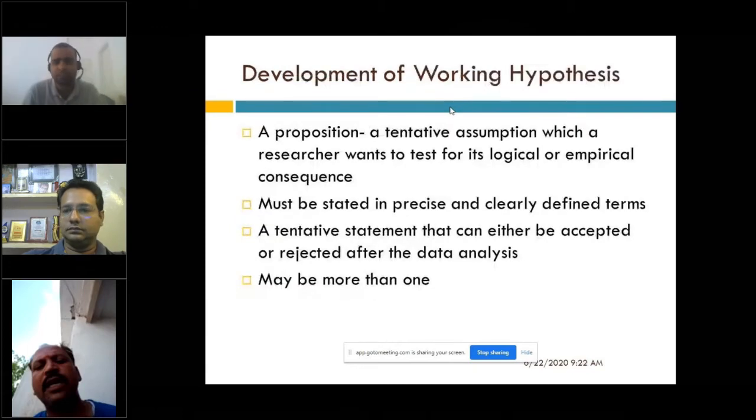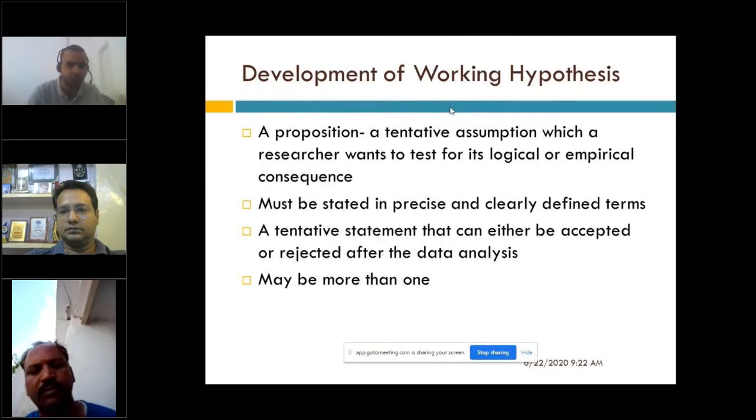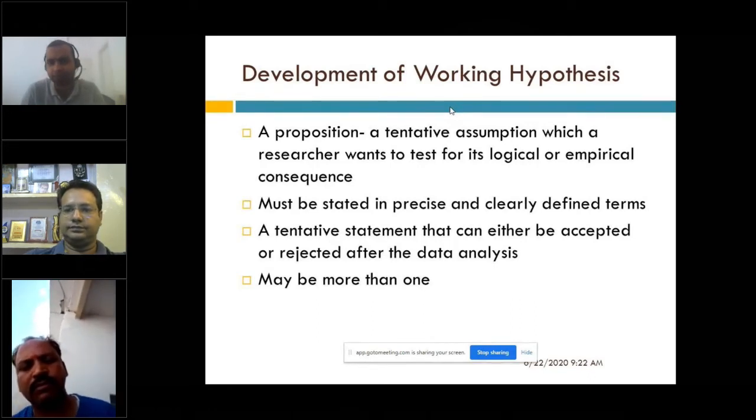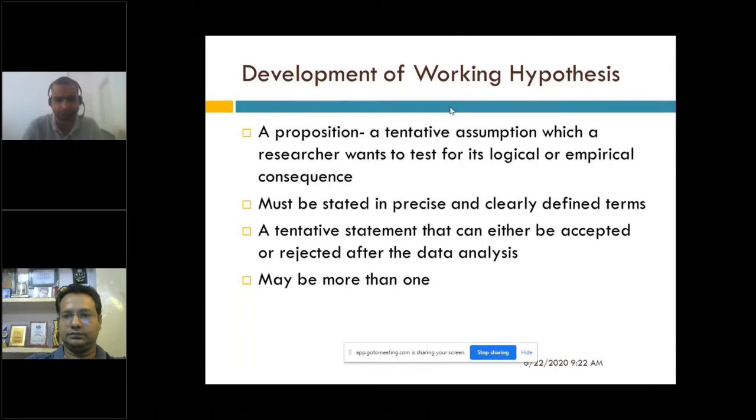Next one is development of working hypothesis. See, in every research, it is not necessary that we will have a working hypothesis, because many researchers who have only research questions don't have any hypothesis. So it is possible. But wherever we have a hypothesis, it should have certain properties.